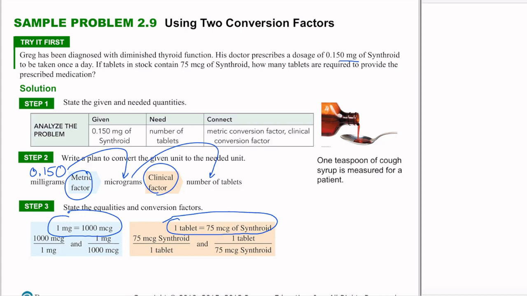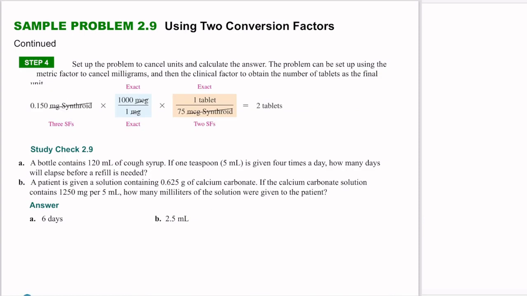One tablet per 75 micrograms, or 75 micrograms per one tablet. Starting with 0.150 milligrams of Synthroid, we multiply times 1,000 micrograms per milligram, and milligrams cancels, and then we multiply by 1 tablet per 75 micrograms of Synthroid, and the micrograms cancels. Our final answer for this problem is 2 tablets.